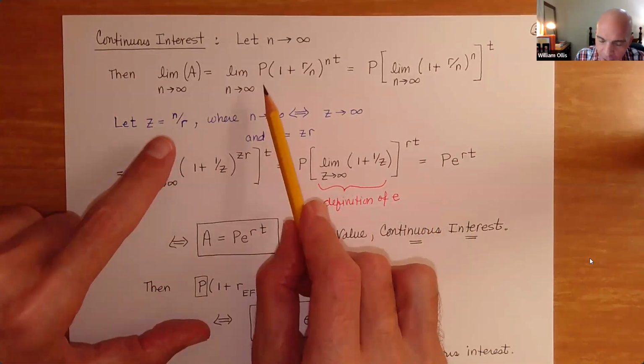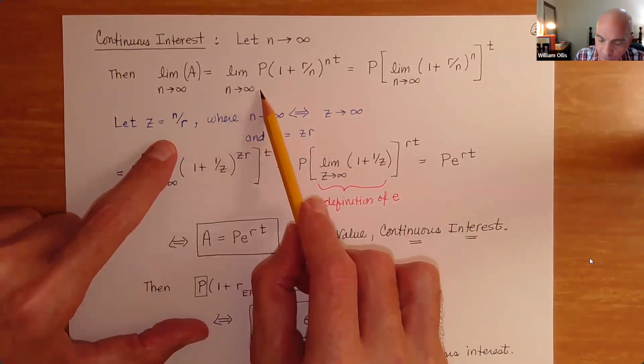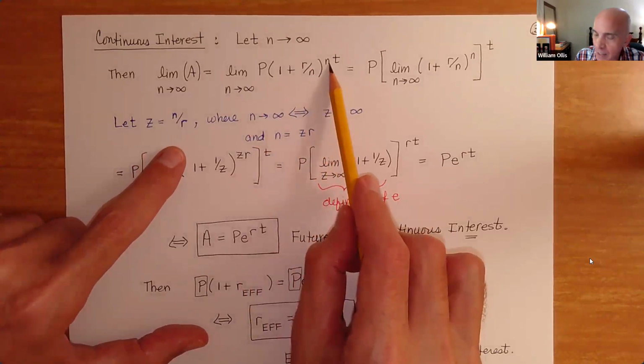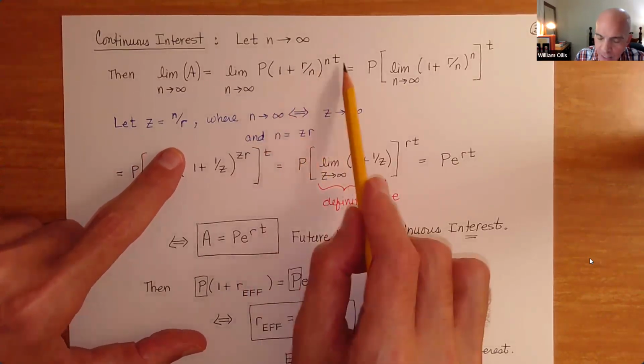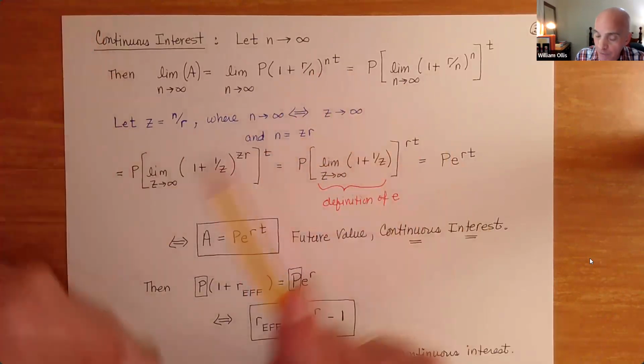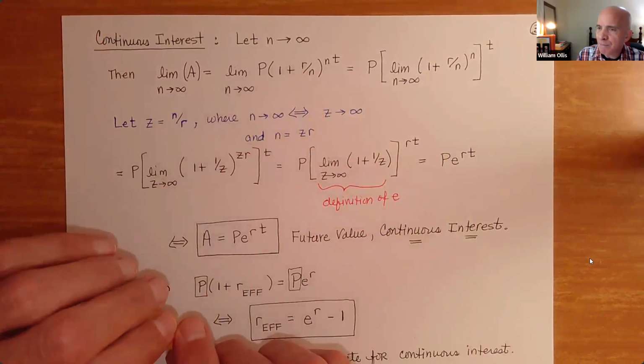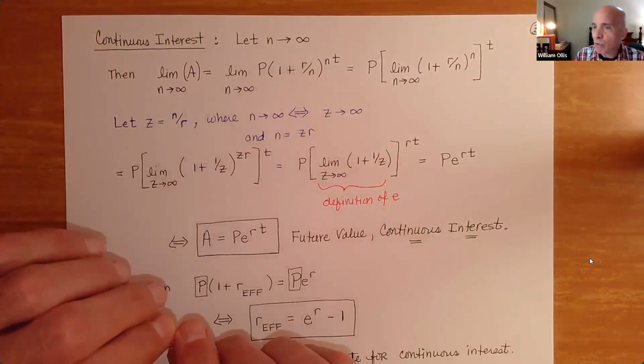So what can happen here is that if N passes to infinity, you're thinking, well, you've got the N here and you have the N here, but the P and the T really are not affected by the N, and of course the R isn't either. So you're thinking, what would the calculus do?